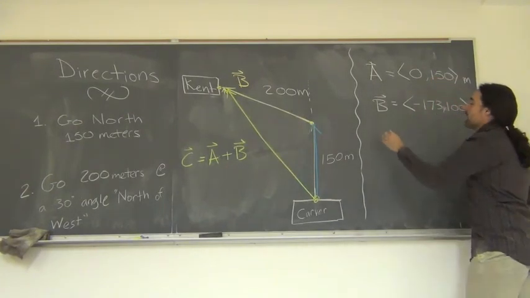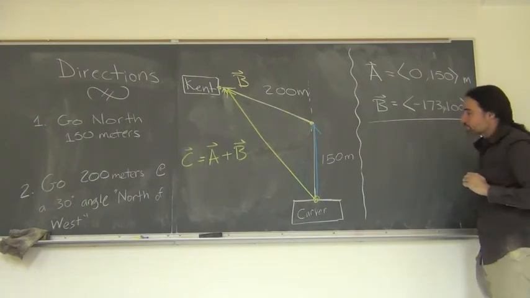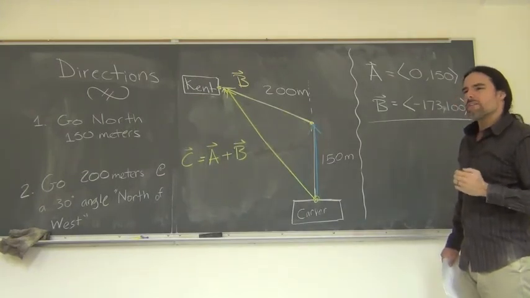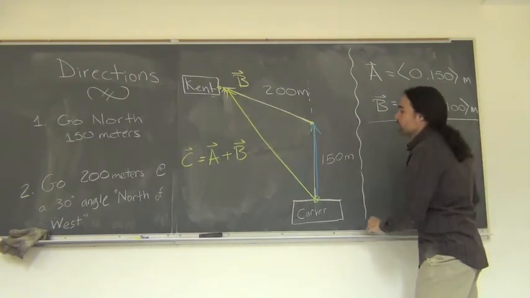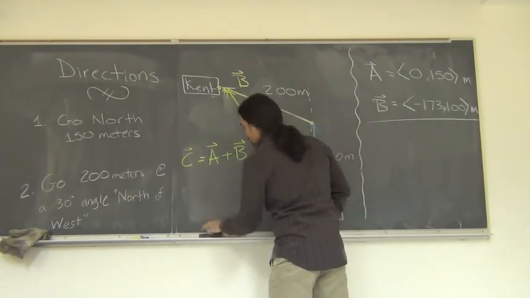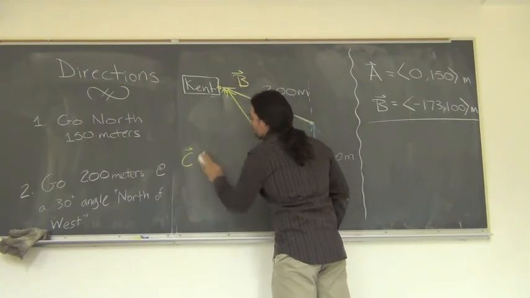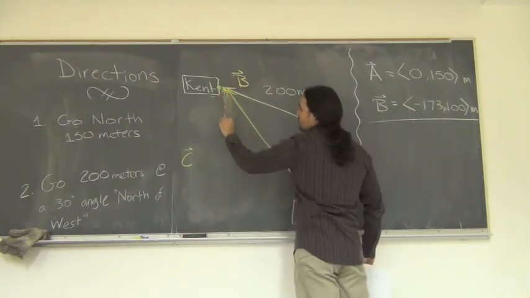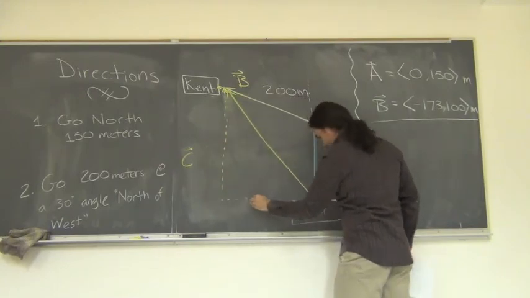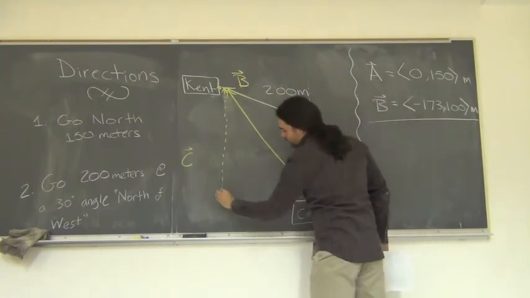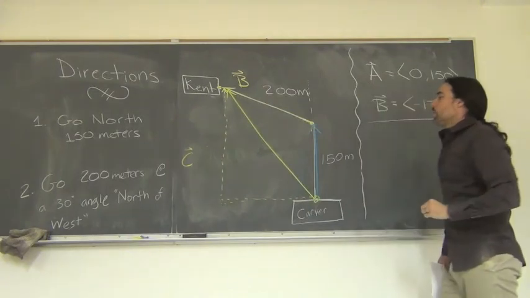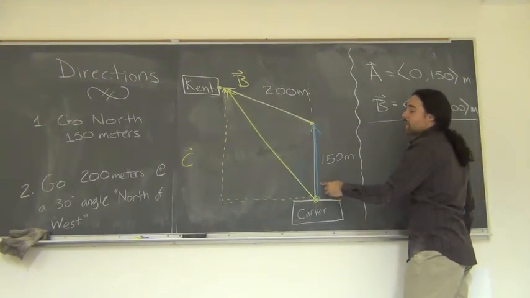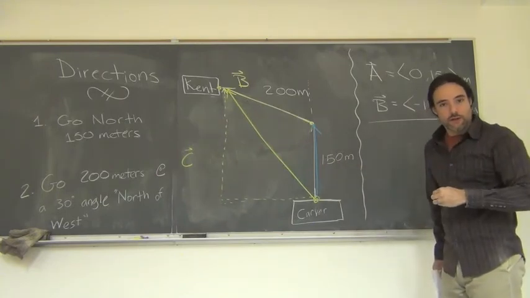Let's see exactly how big it is. Well, how do we do that? How far has our vector C gone in the x direction? Let's just break C up into components. Well, first, our vector A didn't go any distance in the x direction.